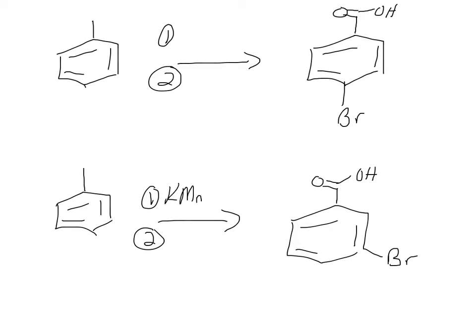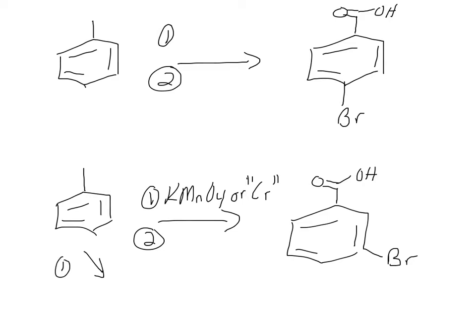Right? So the first step here is KMnO4. The other option you could use, or some sort of chromium source. If you see chromium, that's another thing that does that benzylic CH oxidation. Right? We have benzylic CHs here. So that would put a carboxylic acid there. Right? So that's step one.